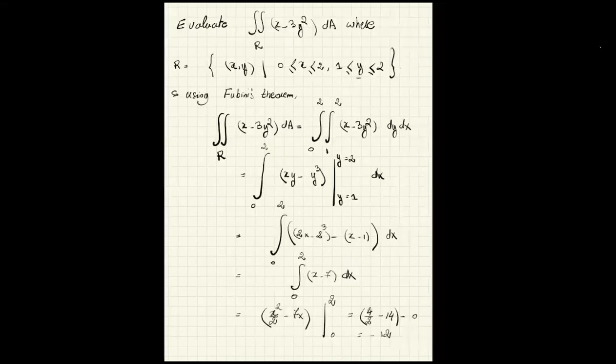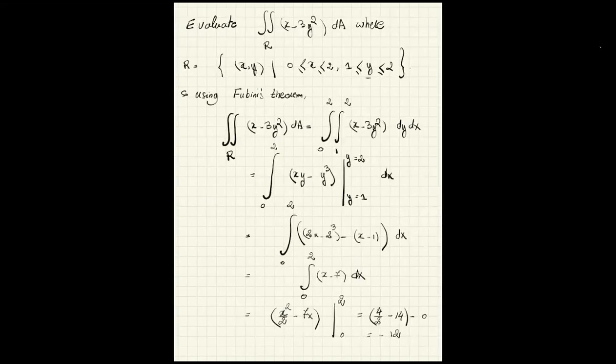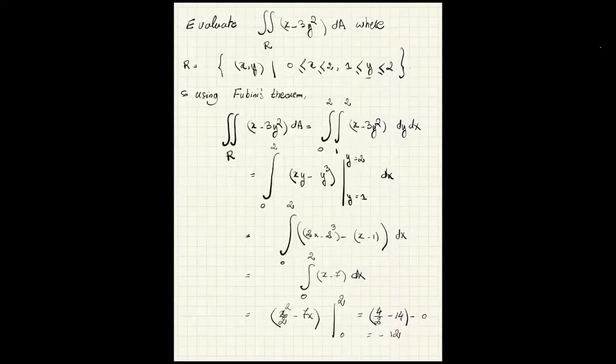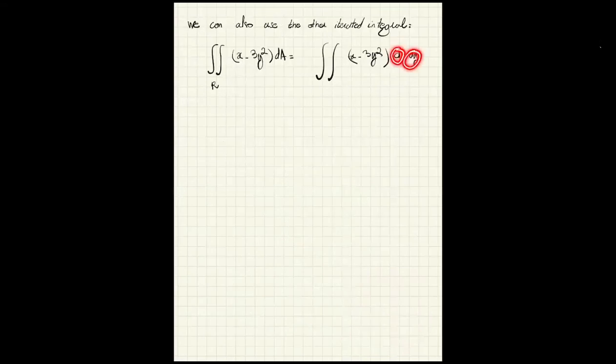Remember, here we started with dy and then dx, okay? Now we'll do it the other way around. Now we're going to do it by dx and then dy. All right. So now dx is between 0 and 2, and dy is between 1 and 2.